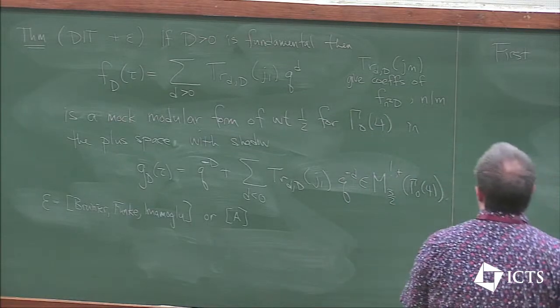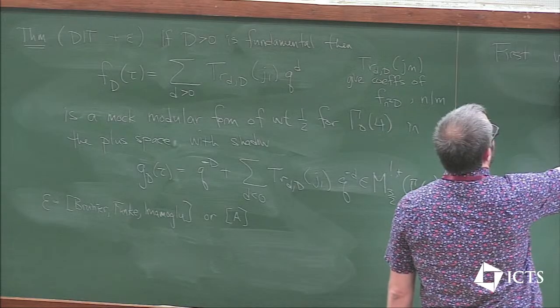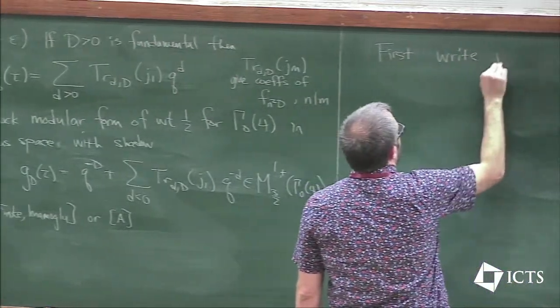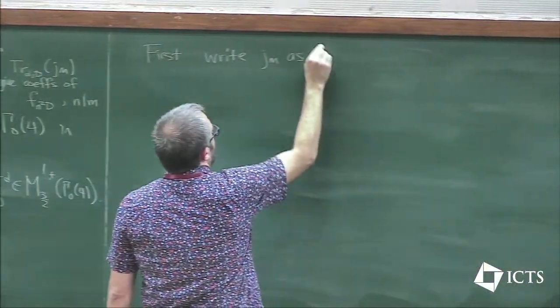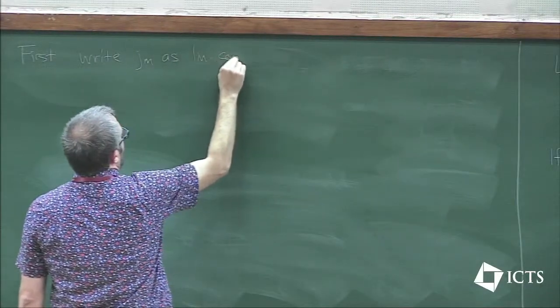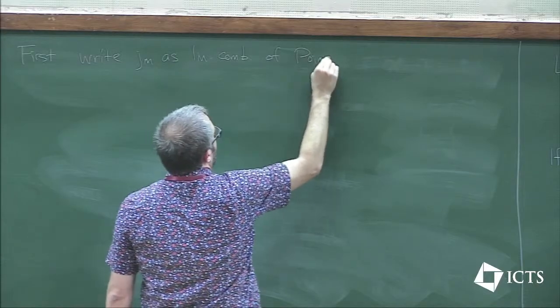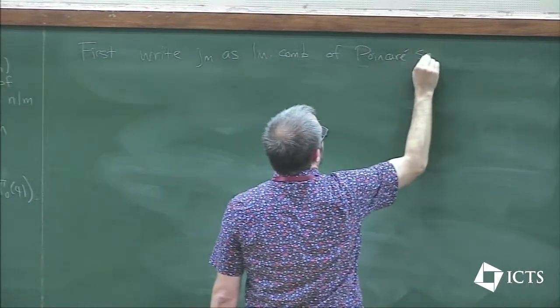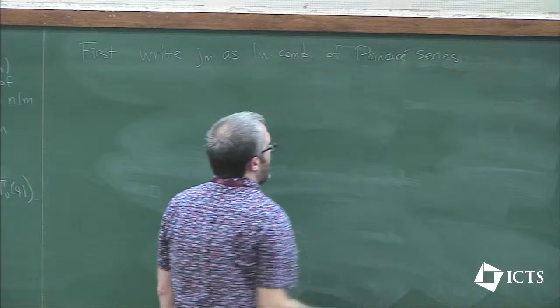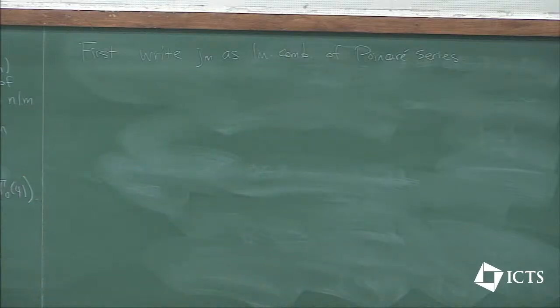Okay, so the first thing we want to do is write J_m as a linear combination of Poincare series. And maybe after, I think this is the fourth talk that I've given this week in which we've used Poincare series.